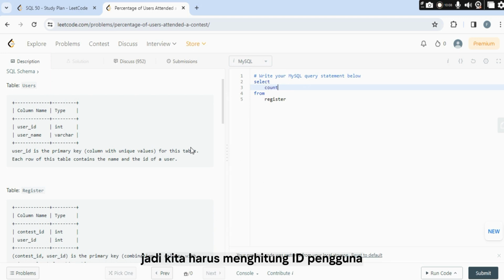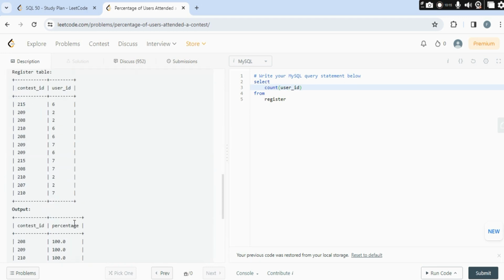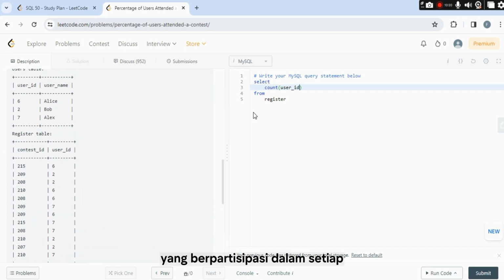We have to count the user ID that participates in each contest ID.